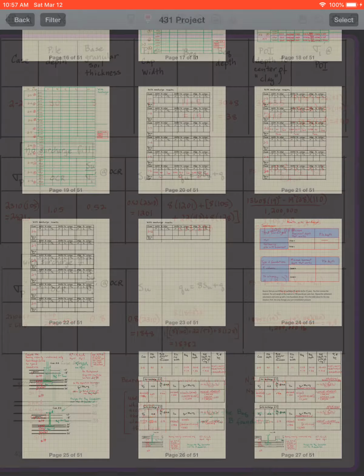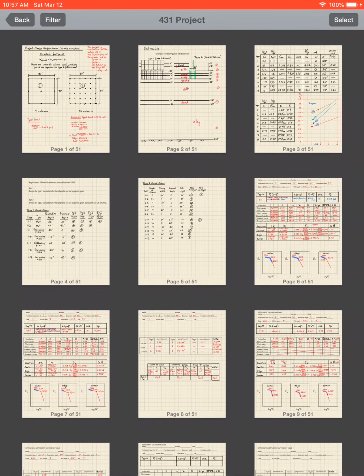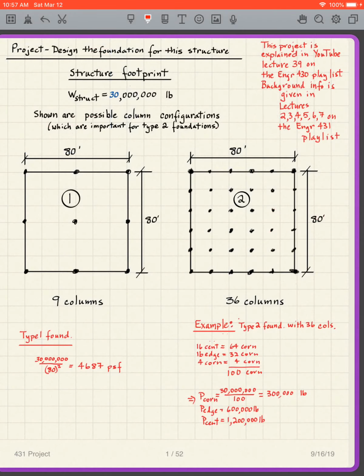And we computed those before on the very first page, where we found that the center column has 1,200,000 pounds on it for the case with the 36 columns here.